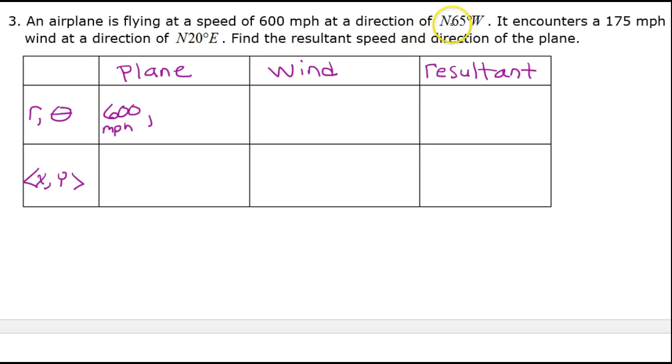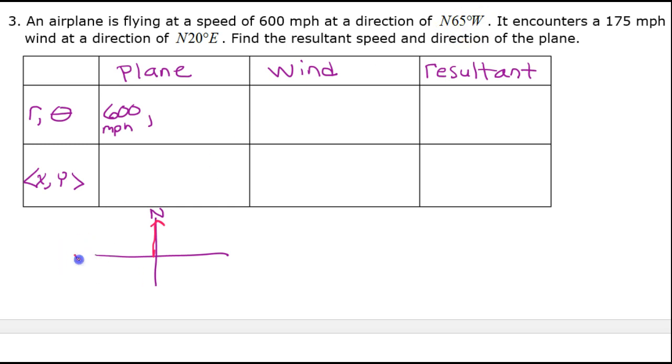So the direction here is north 65 degrees west. So let's talk about that direction. All right, let's make a little diagram, and this is north up here. So when they say north 65 degrees west, in that format, they are saying start at north and then turn 65 degrees towards west.